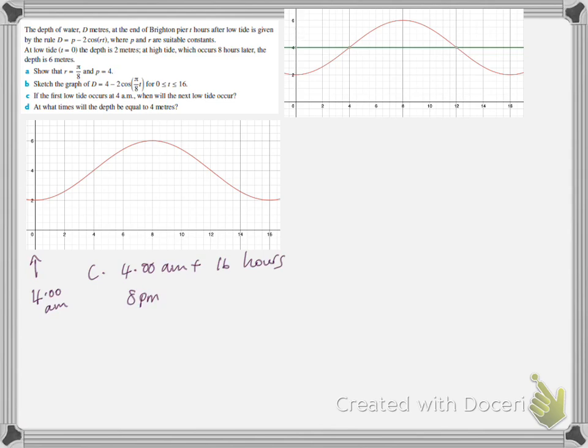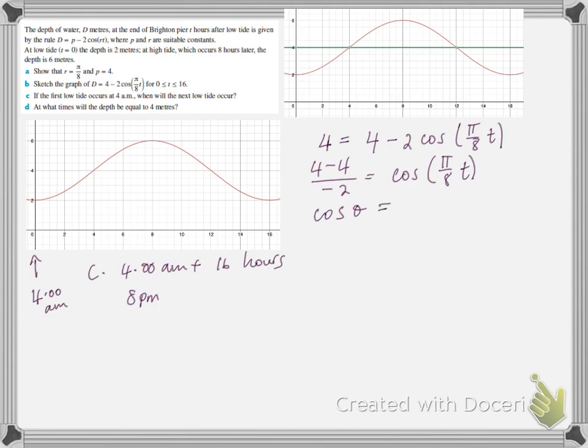So let's put in 4 equals 4 minus 2 cos pi on 8 t. 4 minus 4 divided by minus 2 equals cos pi on 8 t. So that's going to be 0. So let's say again, cos theta equals 0. And then think to yourself, when does cos theta equal 0? At what angles?